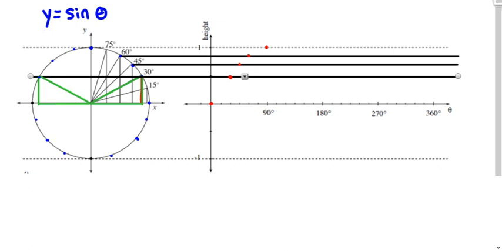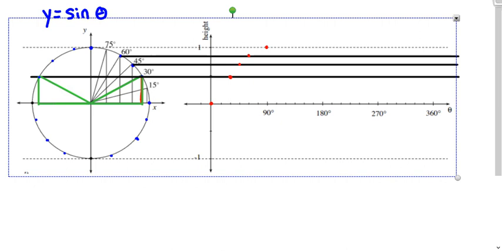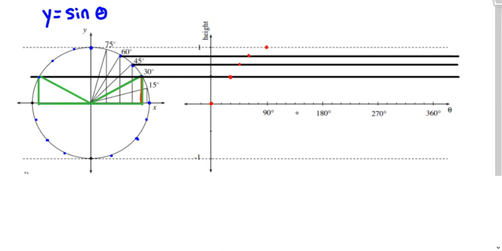So again, 30 degrees short of 180 is right here. Let me draw my pointer, sorry. So here's 150, so that has a height here. And then I can keep doing that. I can flip this triangle upside down.